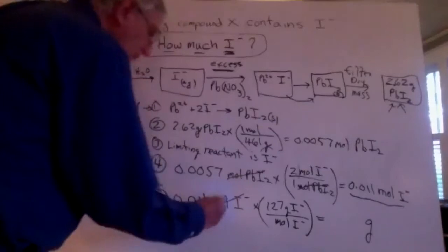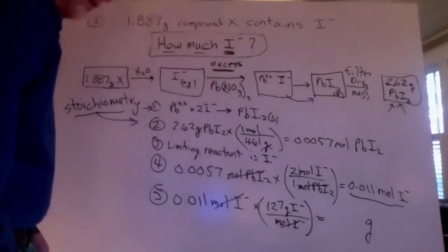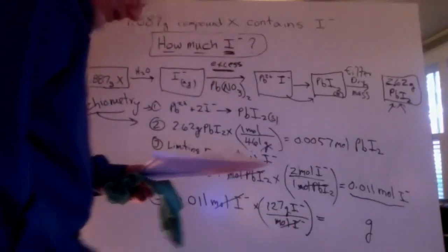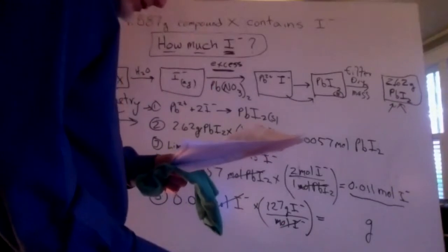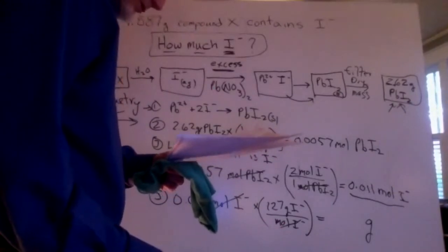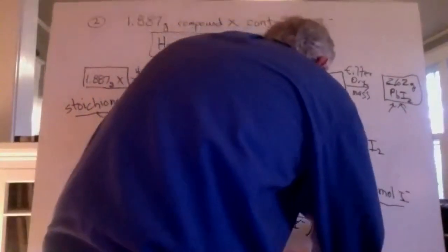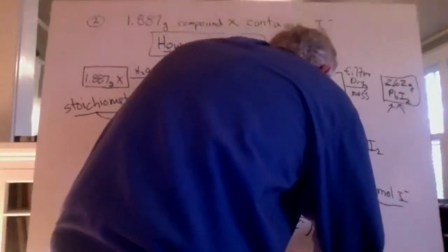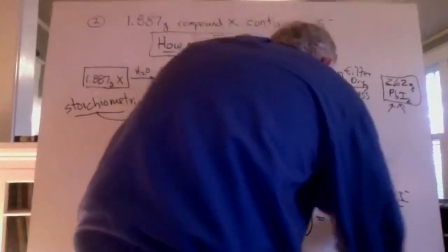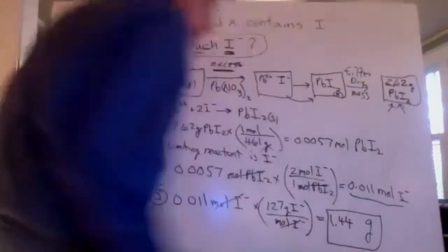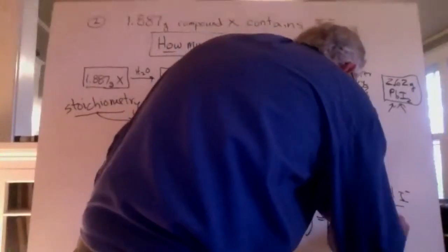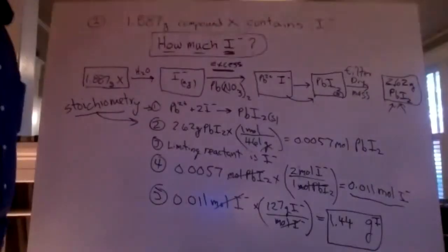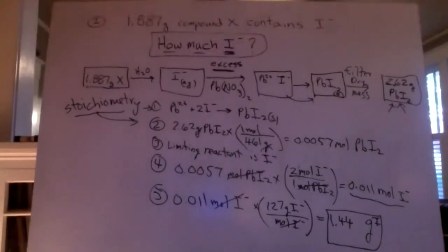The moles of iodide ion cancel, and we have the number of grams, and it turns out to be, drum roll, 1.44. And that would be the answer to question number 2 on the practice test.